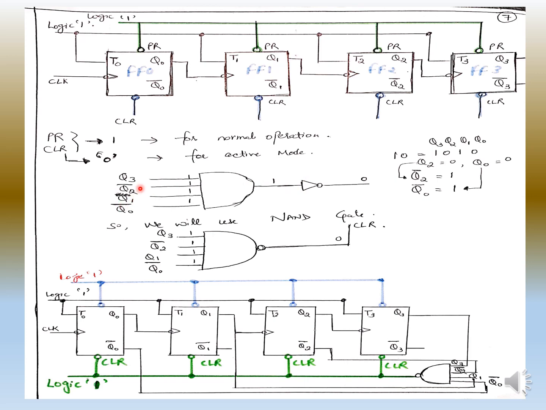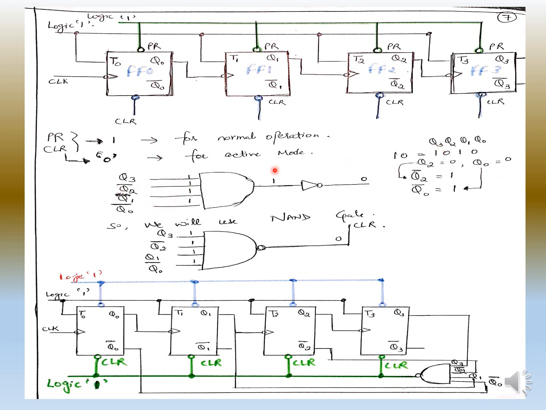So this is my NAND gate. Now as you can see, for counting the 10th state, what is 10? 10 is 1 0 1 0. So Q3 is 1, Q2 is 0, Q1 is 1 and Q0 is 0. I have to apply all ones here.